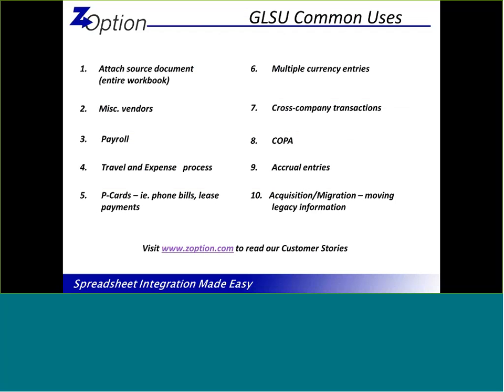And there at the bottom of this slide, you'll see our website. We have a bunch of customer success stories out on that website that kind of highlight most of these processes that you see on the screen. So if you're interested, you can go up to the website, look it up, and you can see how very large companies like Kellogg's use GLSU to handle some of their processes.